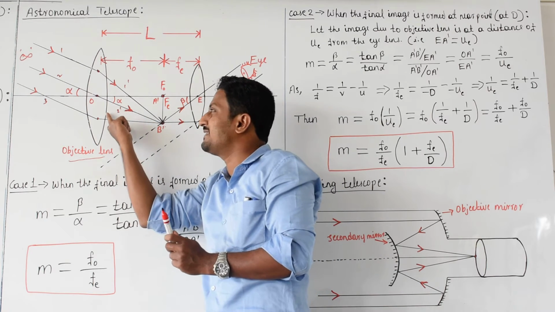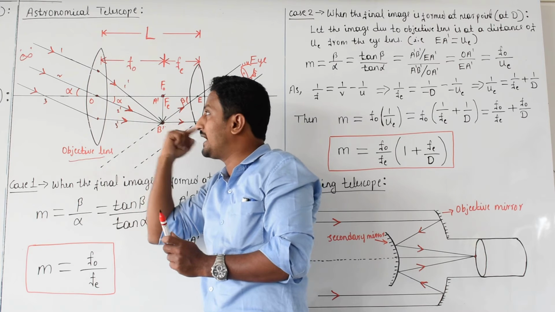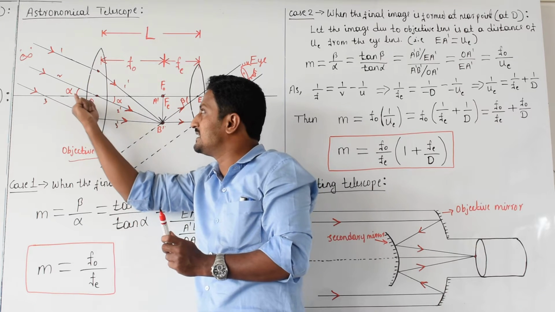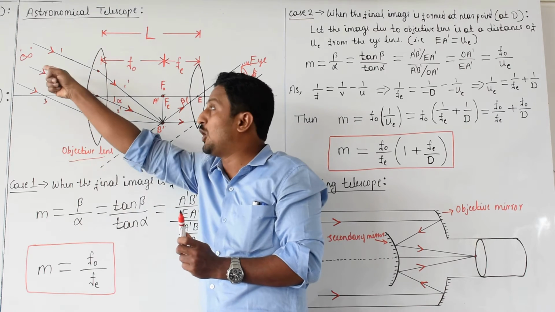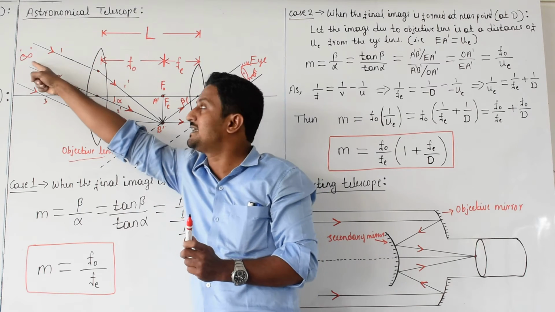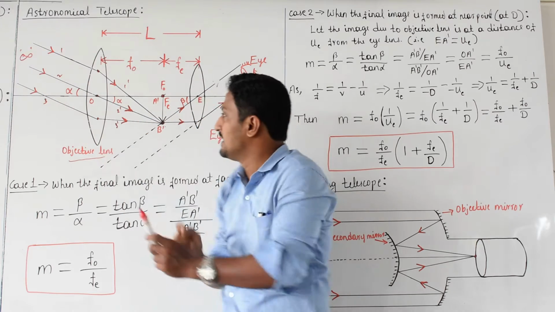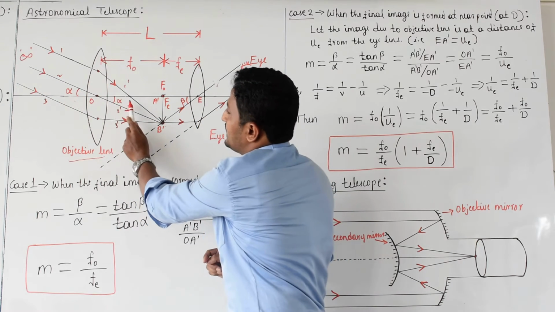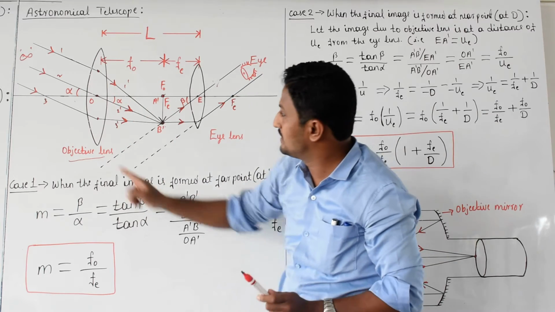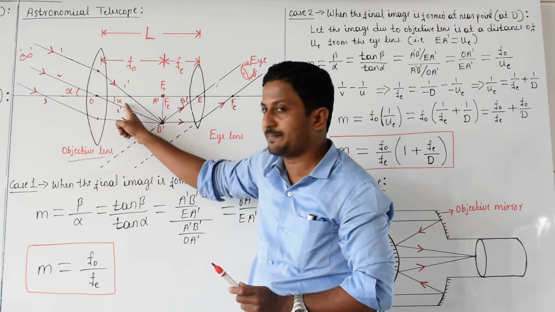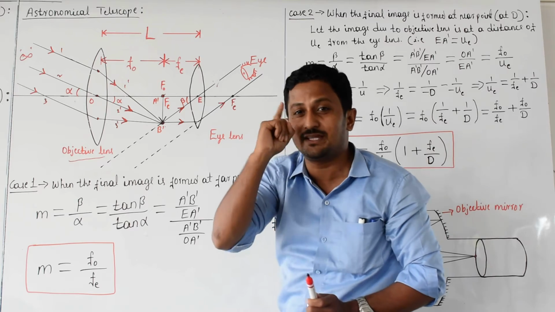Your eye is behind this lens. Then this alpha is the angle subtended by the object which is at infinity. That alpha I have taken on this side, by vertically opposite angles. Alpha is the angle subtended by the object.